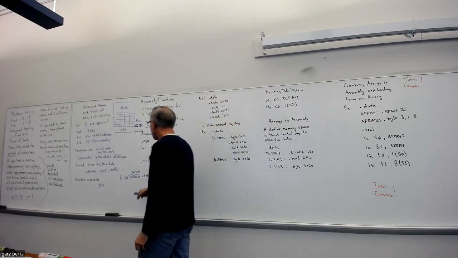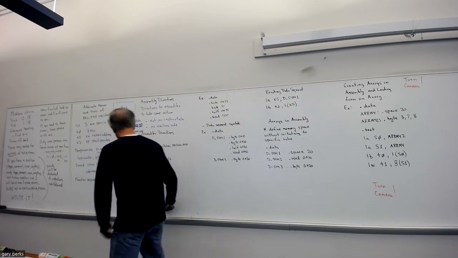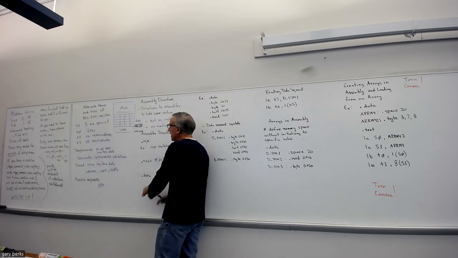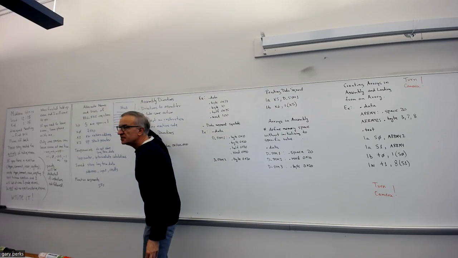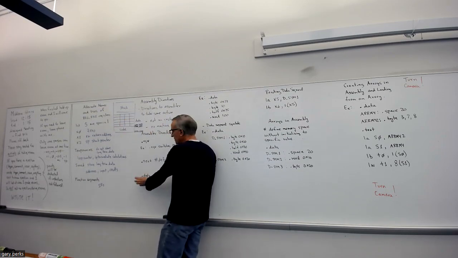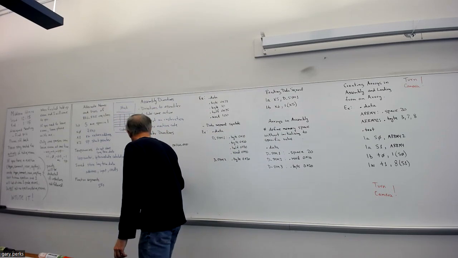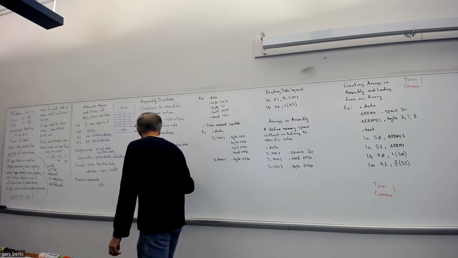And then, when you get to the data segment, where you want to put data into this data segment of real memory, here's the assembler directive, it's just dot data. And the default is a word.